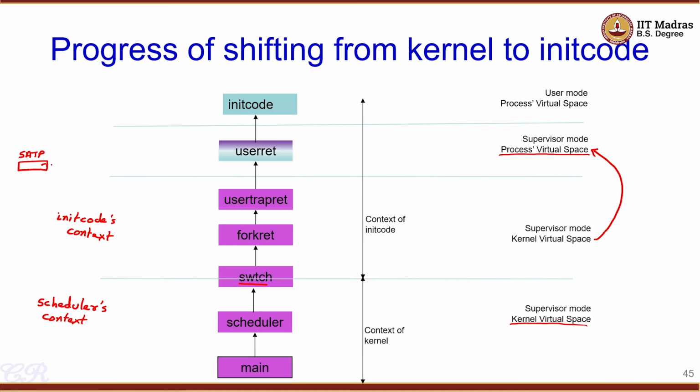While the kernel is executing, the SATP pointer points to the L2 page directory for the kernel's virtual address space.